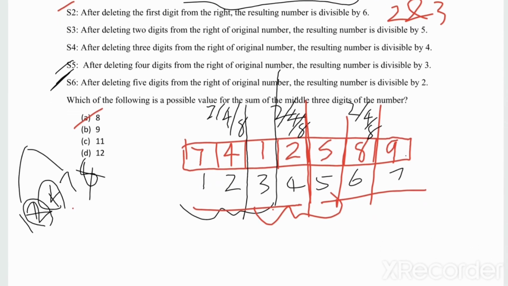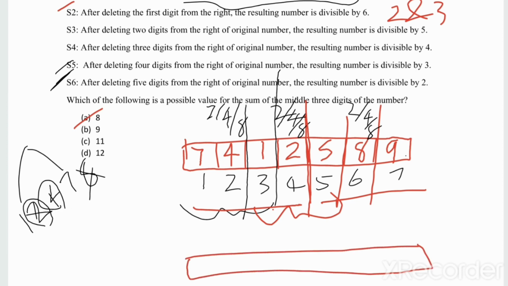Suppose we are placing 4 here, 7 here, 1 here, then 5 here, 9 here. 72, here it can be either 2 or 8. Because 72 is divisible by 4, but 78 is not divisible by 4.